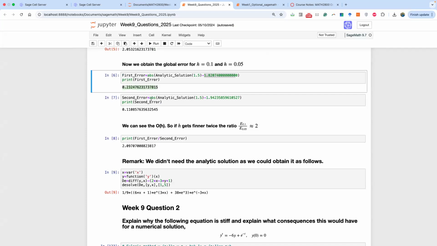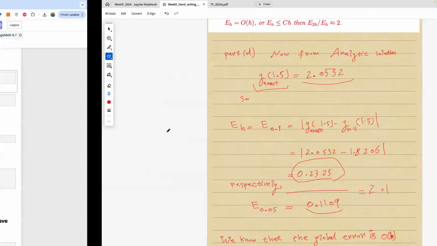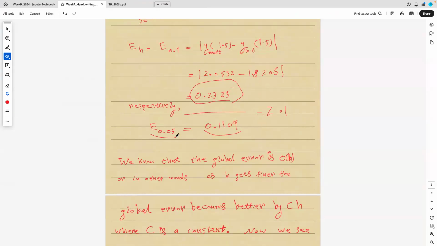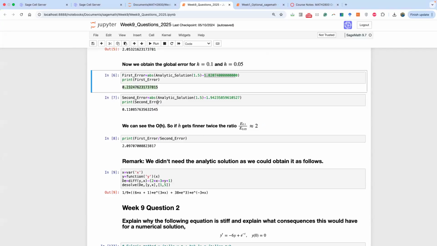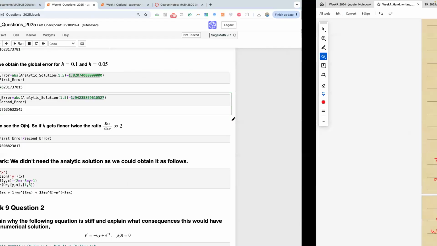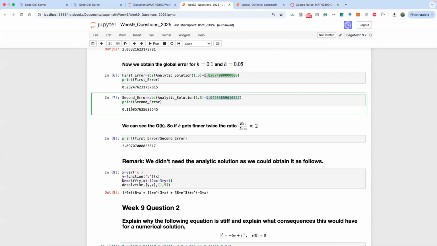And if I get the second error, I just got this number from here. Sorry about that, and it's not 85, it's just 9. And if I divide those, I will get this one.